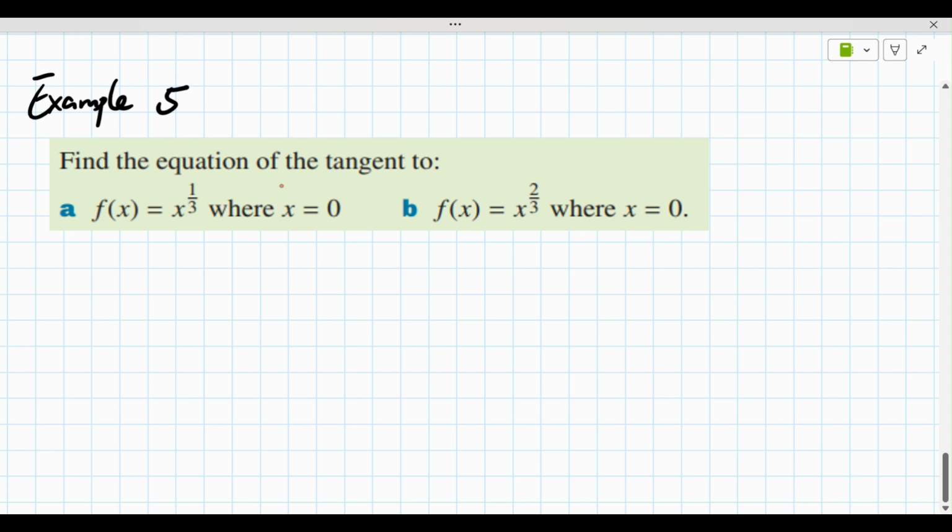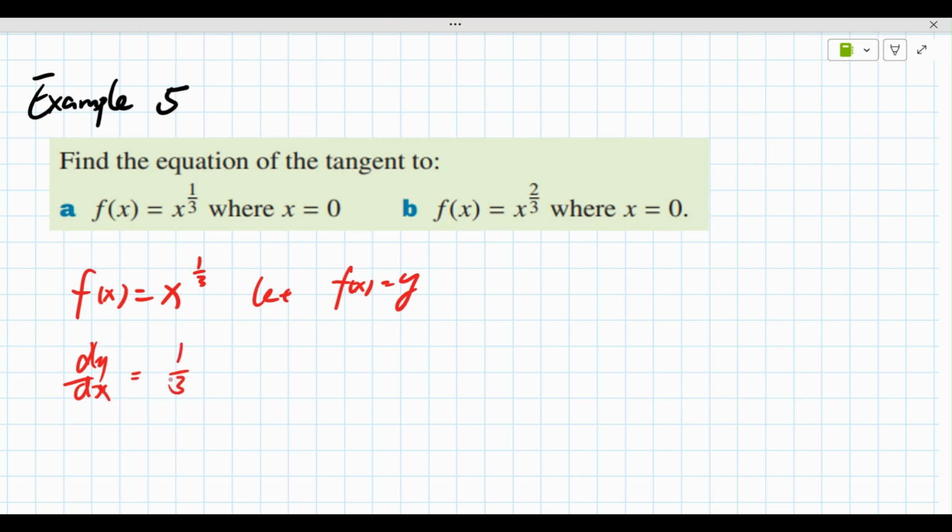And one last question. We could graph this, but I want to do just question A instead. f(x) equal to x to the power of 1/3. Let f(x) equal to y. So dy/dx equal to 1/3 x to the power of negative 2/3.